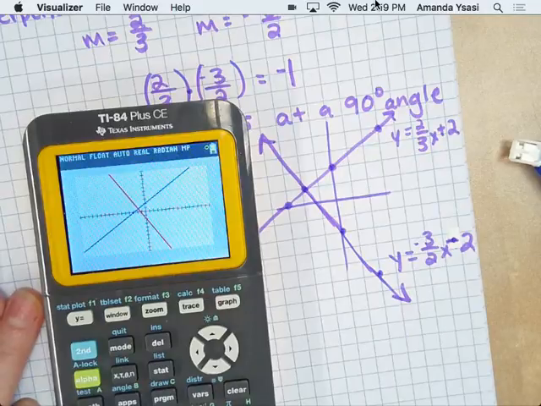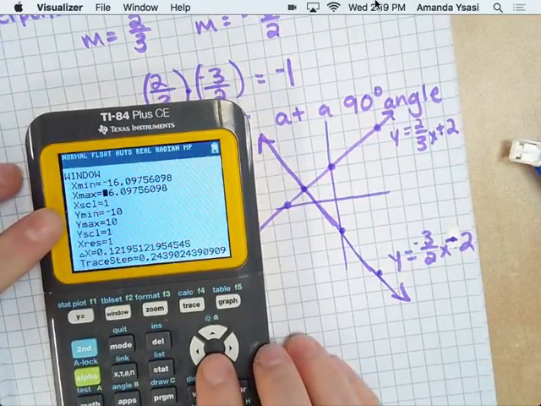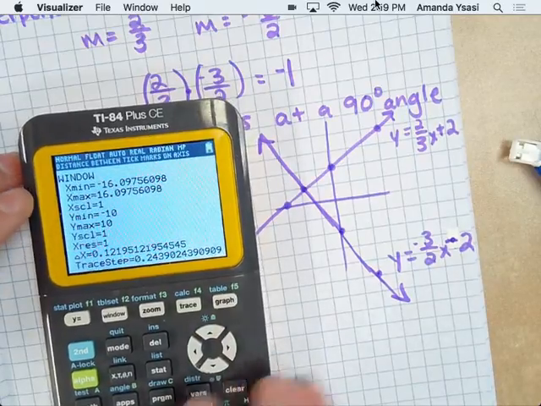Now, does that look like a right angle? Yeah. So also, if you look at your window, your X scale and your Y scale should be the exact same. So that's something you want to make sure of.